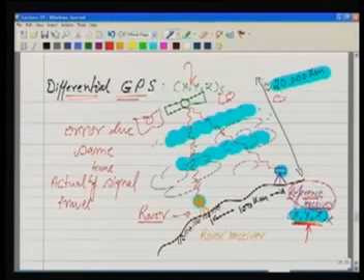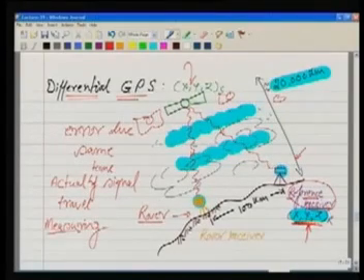Now if the actual time of signal travel can be computed, this reference receiver is also measuring this time. The meaning of actual time of signal travel here is, its actual position is known to us, and this receiver also knows where the satellites are because it is getting the navigation data.